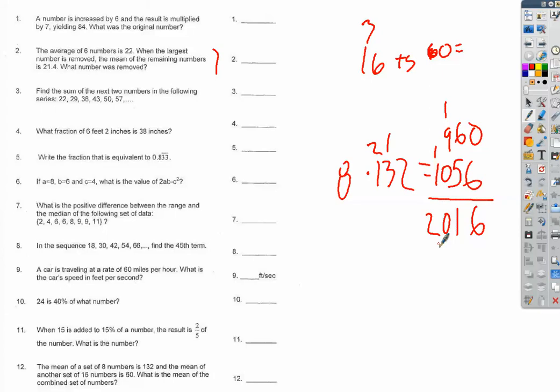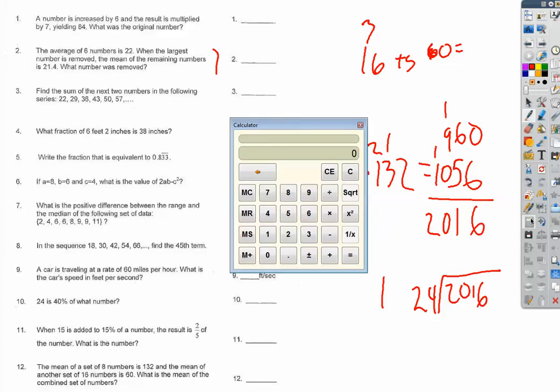And how many total numbers do I have? 16 plus 8 is 24. So 2016 divided by 24. And you just go ahead and divide it. In the interest of time, I'm just going to go to 2016 divided by 24. And you get 84 is the answer.